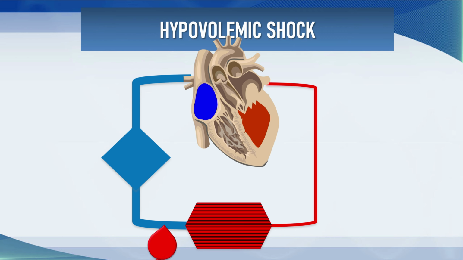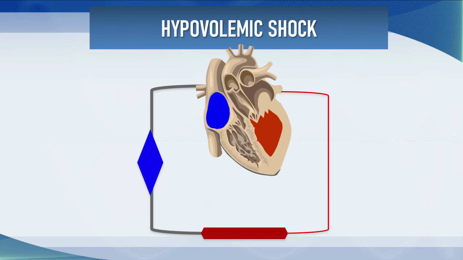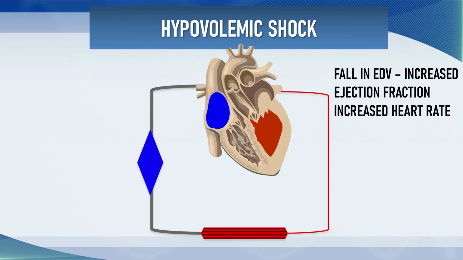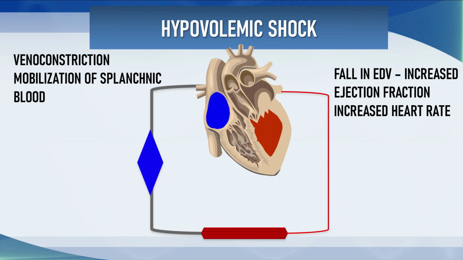Blood is lost and there is intensive vaso and venoconstriction. So the actual volume of the circulation falls massively. There is a fall in the end diastolic volume, an increase in the ejection fraction, and an increase in the heart rate.